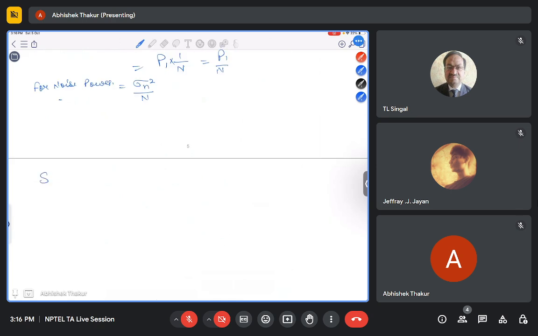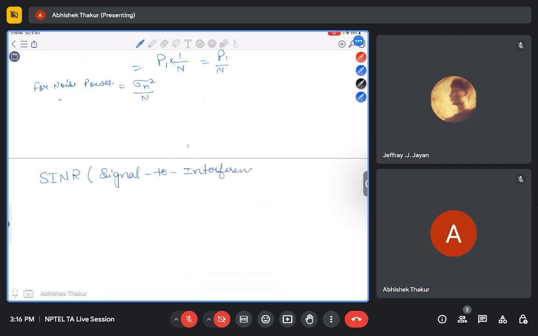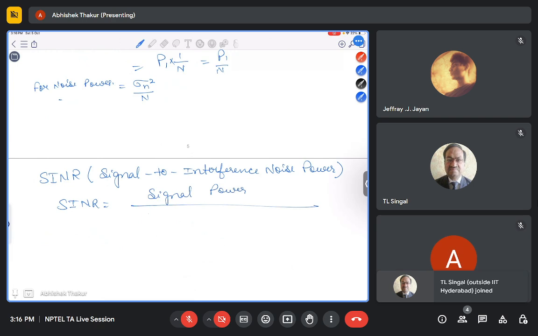So finally our SINR, that is signal to interference plus noise power ratio, will be the signal power divided by the interference power plus noise power.